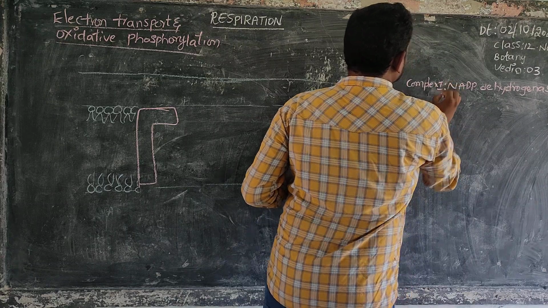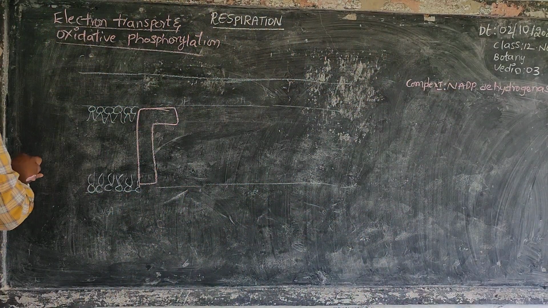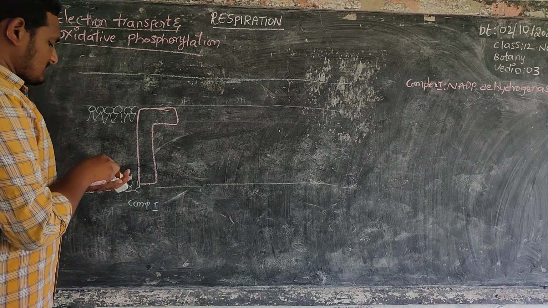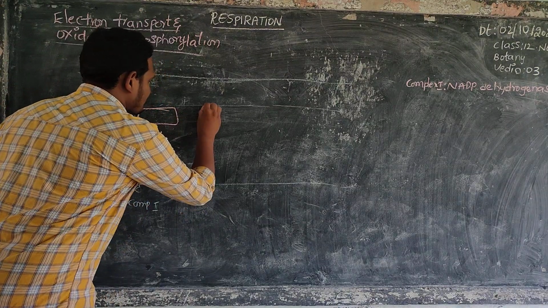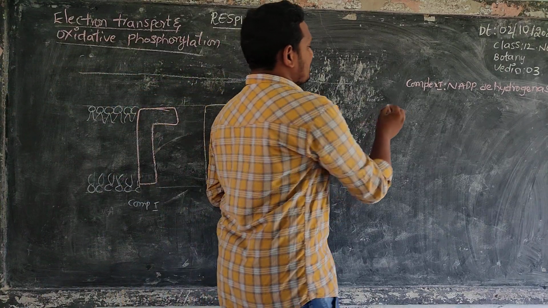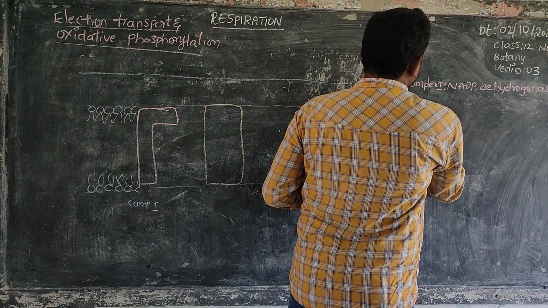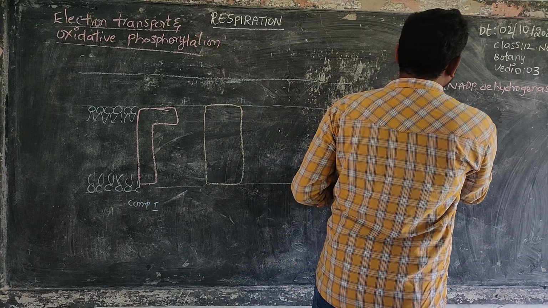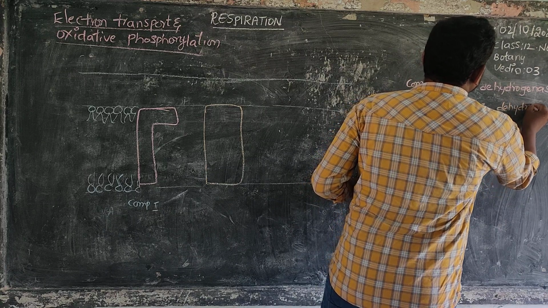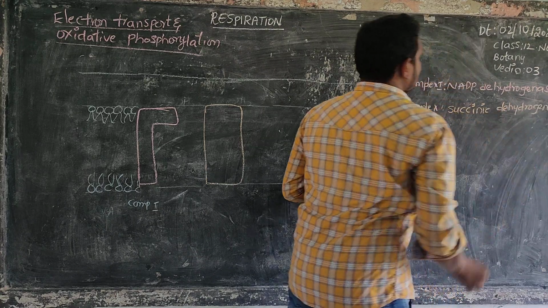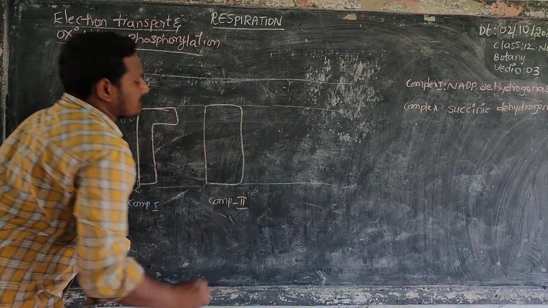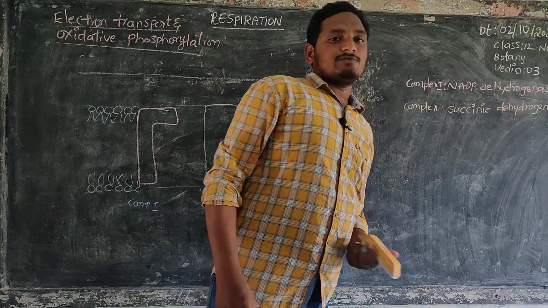Complex 1 is NADH dehydrogenase. Next, the second system, or complex 2, is succinic dehydrogenase.